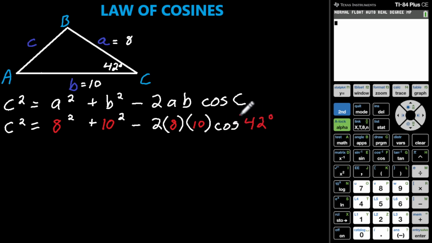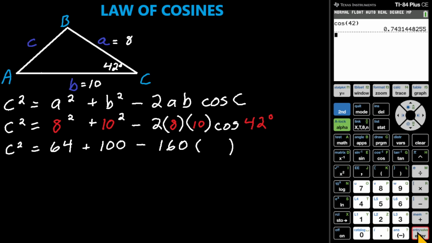On the next line, we'll simplify. So I have 64 plus 100 minus 2 times 8 is 16 times 10 is 160. And the cosine of 42, we can go to the calculator here. So I push cosine 4, 2, and I get 0.743.